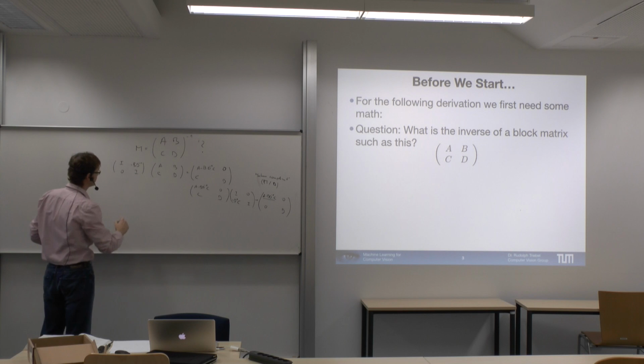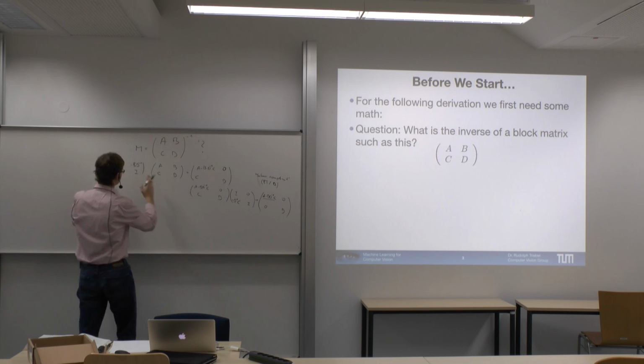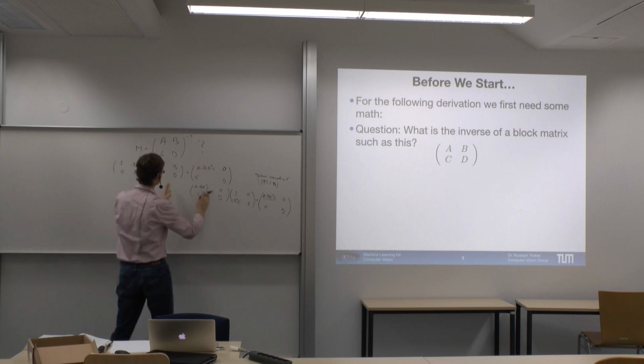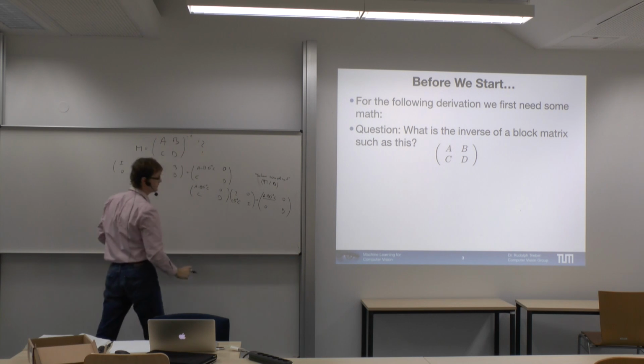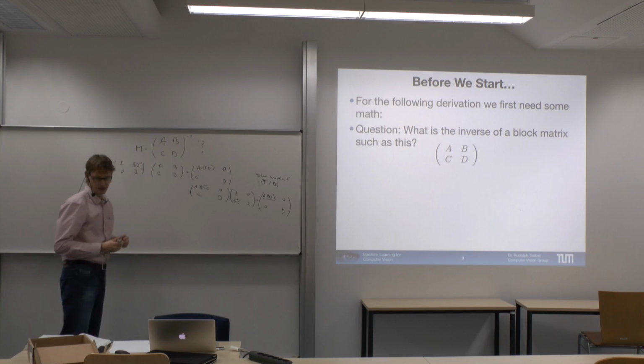Now what we have is this matrix times this matrix gives this one over there.